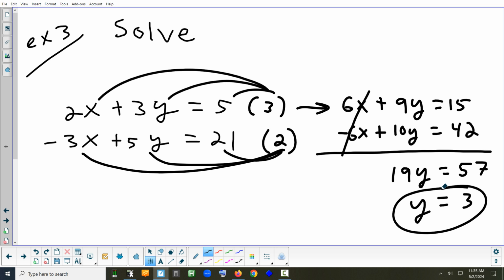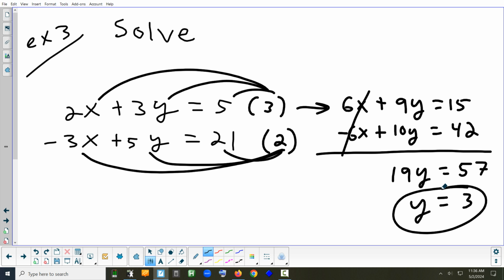You can plug it back into either. You do not have to plug it back into the top or the bottom. Either equation. The next question is, which one is easier? So then you might say, well, the top one. Okay. I would plug it back into that one.